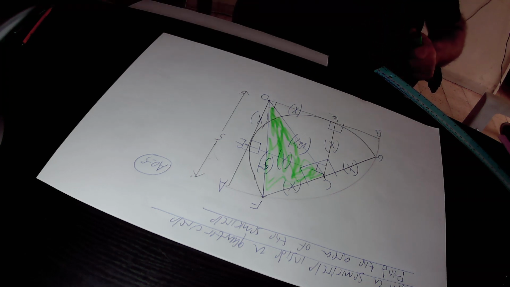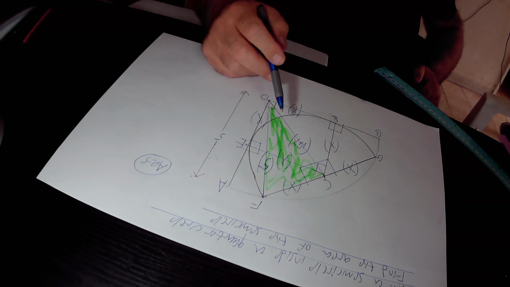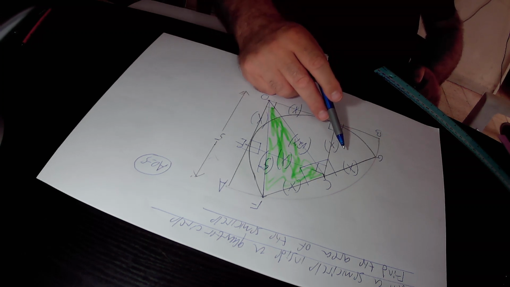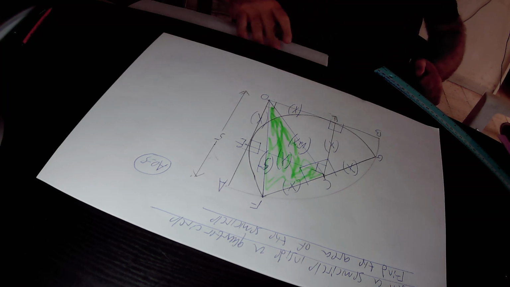Our mission is to find out the area of this semicircle. What is the area of the semicircle? We know that the radius of this semicircle is x, and therefore the area of the semicircle will be equal to pi x squared over 2. So I write it down.